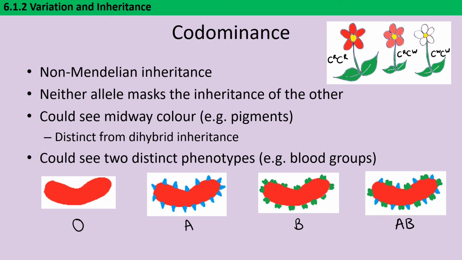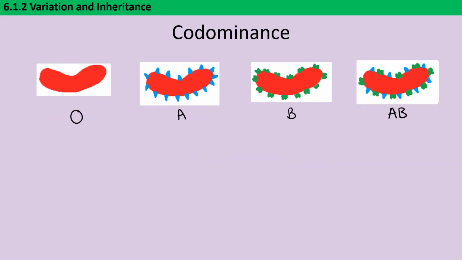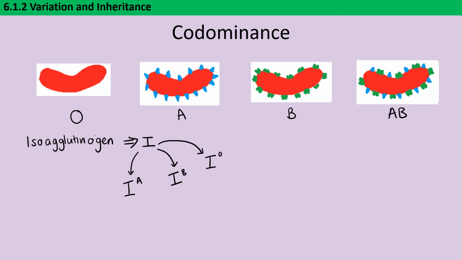Now the A and the B alleles are codominant to one another, and they are both dominant over the O allele. Another word for antigen is isoagglutinogen. So the designation for blood type is a capital I, and within that we have the alleles IA, IB and IO. A person who is blood type O doesn't have any antigens, and therefore we know that they must be homozygous IO.